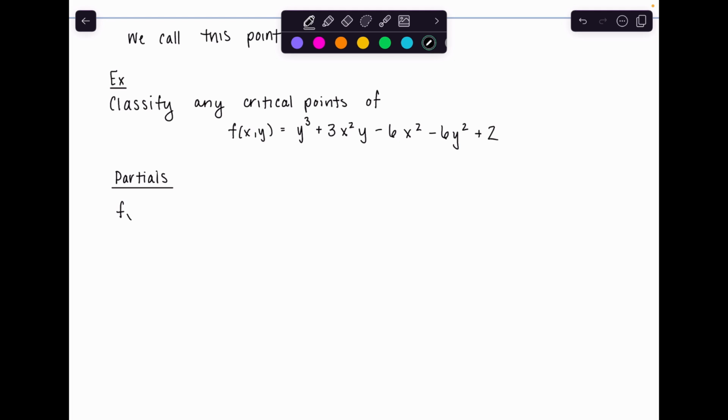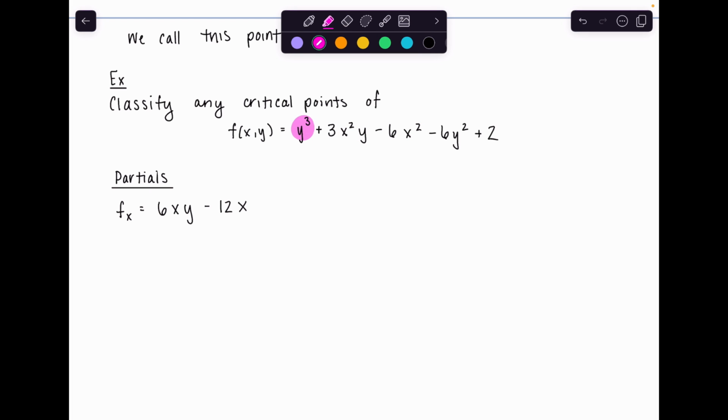We'll start with the partial with respect to x. So only these have x involved. So the derivative of the first piece would be 6xy. Derivative of the second piece is going to be minus 12x.